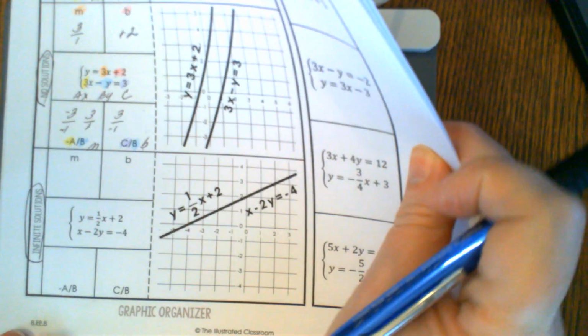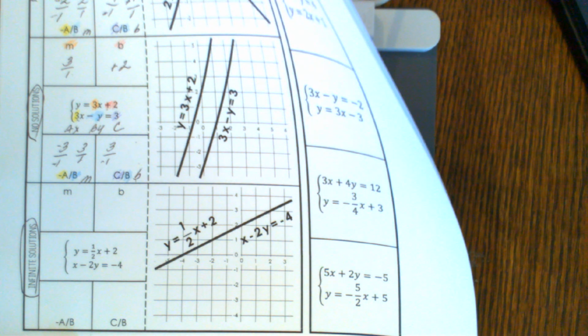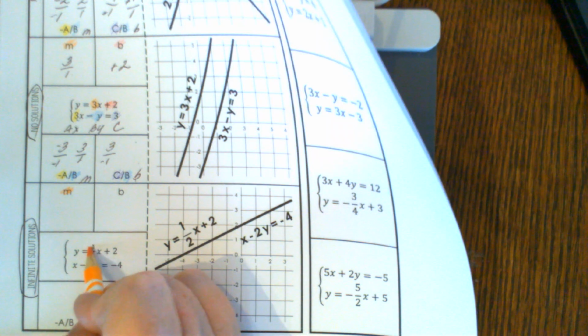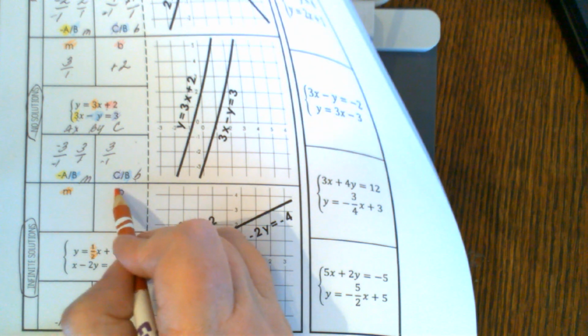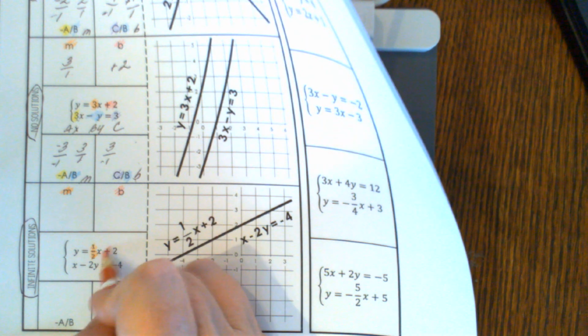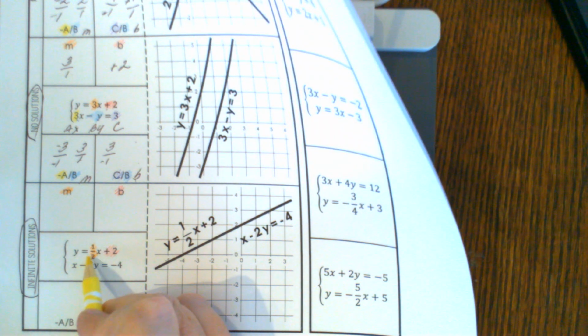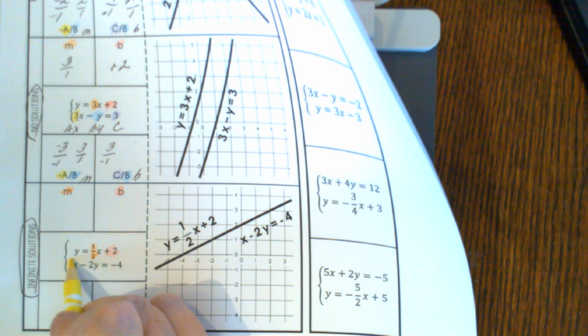Now, the infinite solution, where they're on the same line. M is right there, and b, which is the y-intercept, is right here. And then we have a, right here.